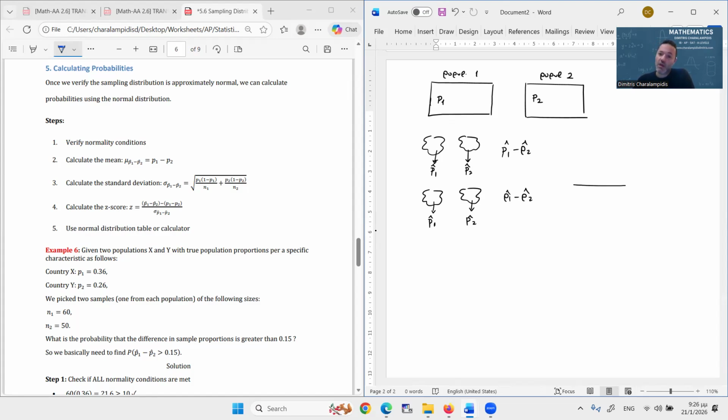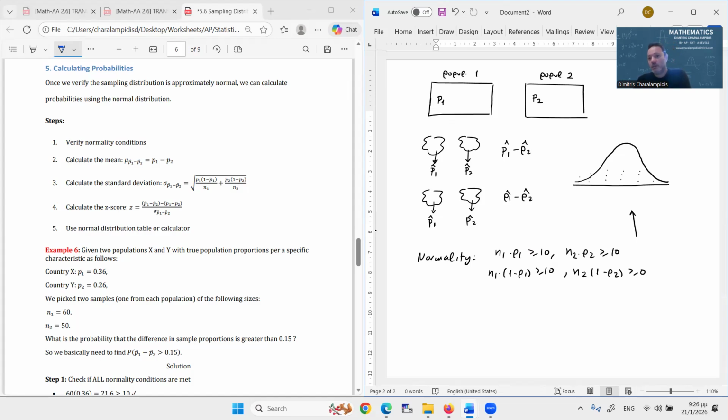When we finished, we grouped all these new numbers, because these are actually numbers, and we saw that under certain conditions, called normality conditions, which are the ones that follow: n1, the sample size from the first population, times p1 greater or equal than 10, n2 times p2 greater or equal than 10, n1 times 1 minus p1 greater or equal than 10, n2 times 1 minus p2 also greater or equal than 10.